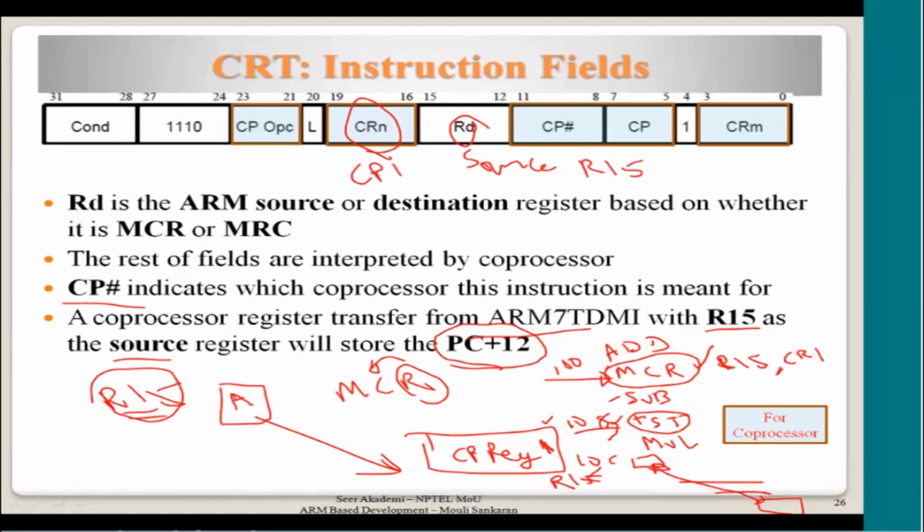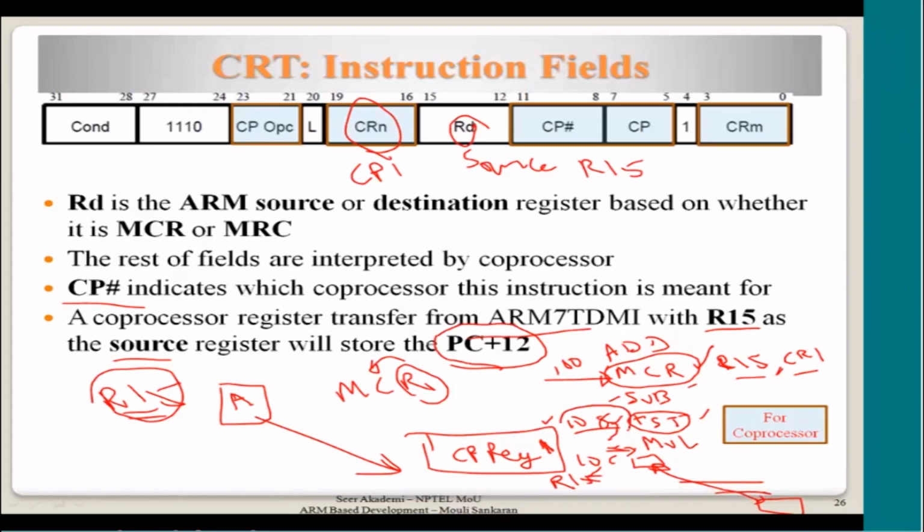Because when this is in the execute state, the other 2 instructions have already been accessed, and the PC is also incremented by 4. Since we cannot access another instruction, we need the data bus for transferring the value mentioned here to the coprocessor. So the pre-fetching has to be stopped.